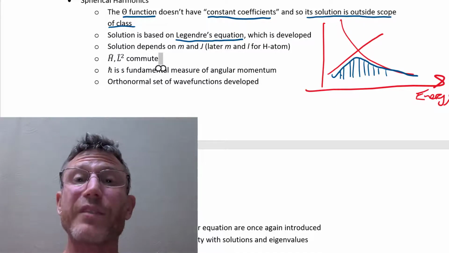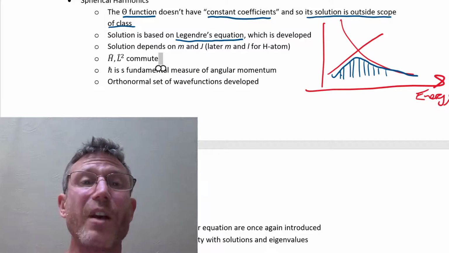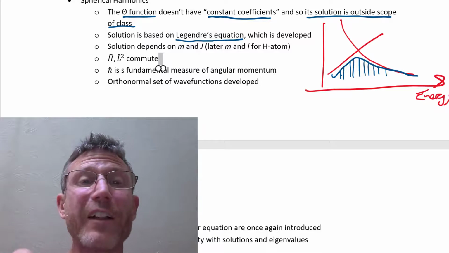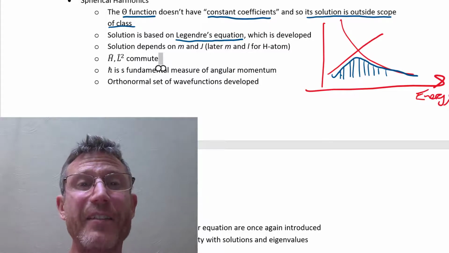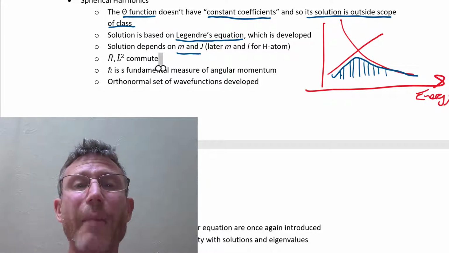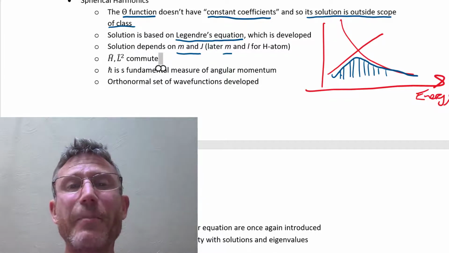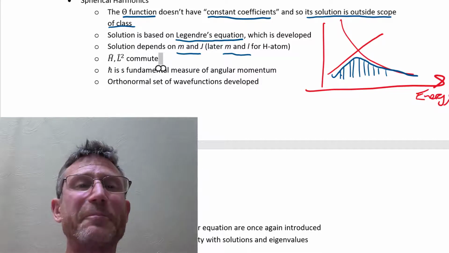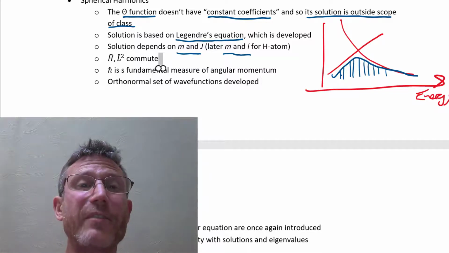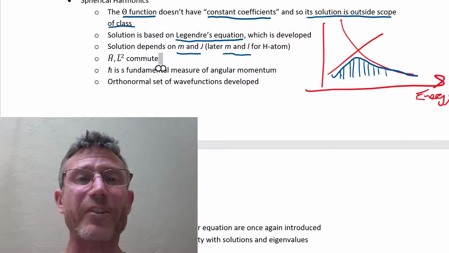So in the class, we developed Legendre's equation. We found out that the eigenvalue solution depended on M and J. Later, we think about M and L for the H atom. So that Schrodinger equation solution depends on M and J.